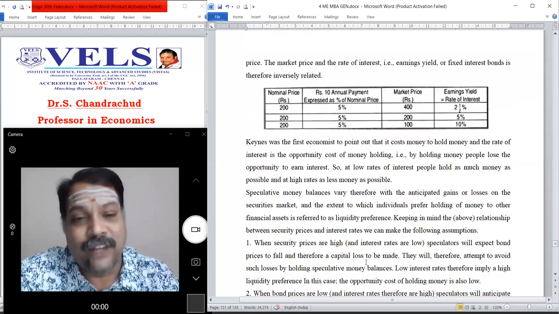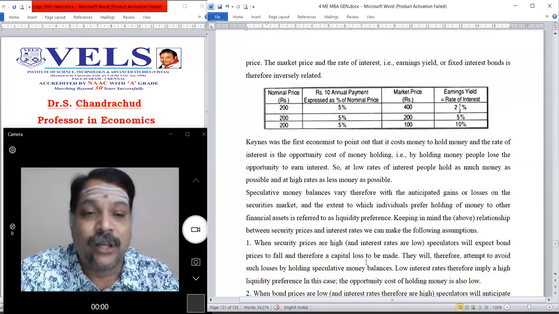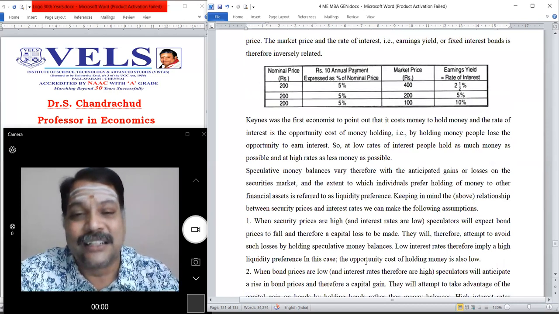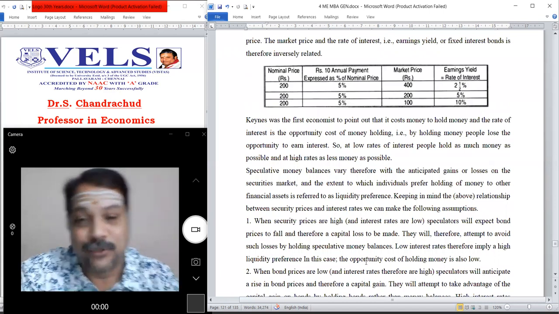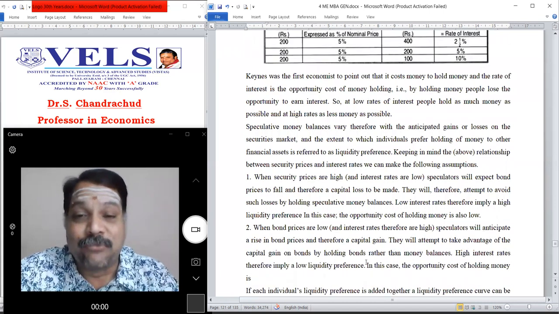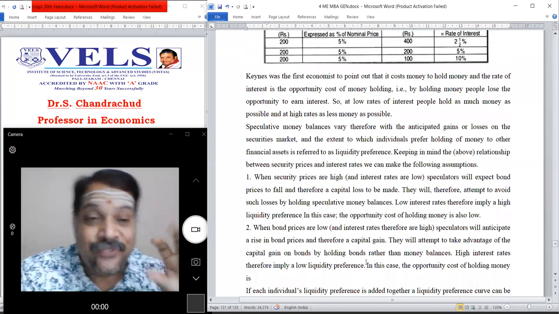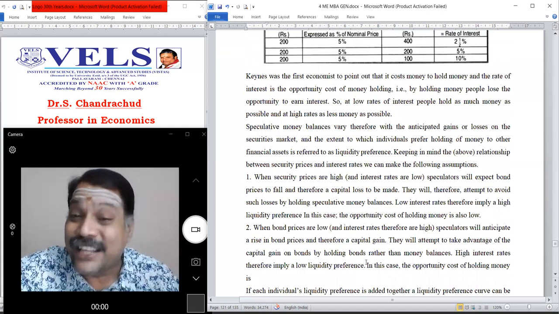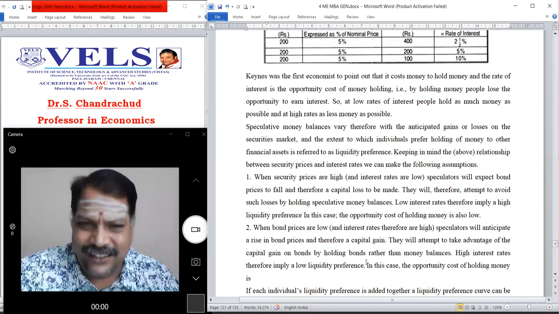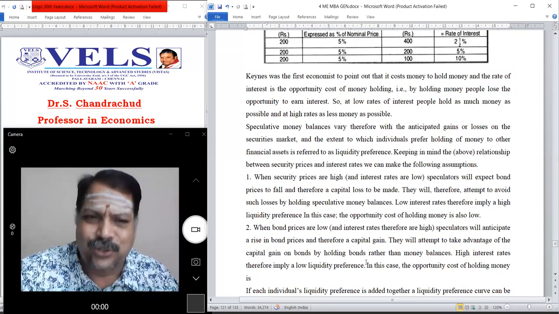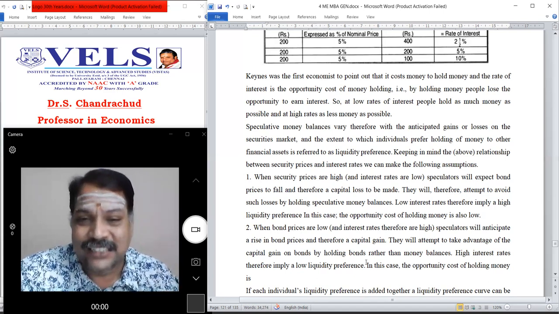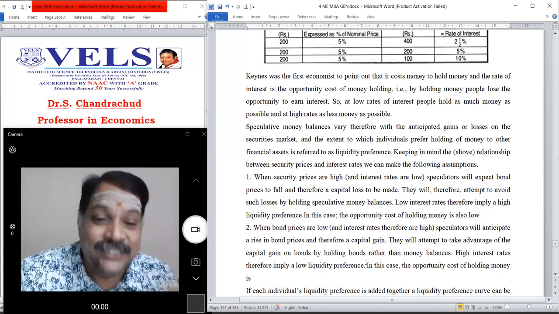So at a low rate of interest, people hold as much money as possible, and at a high interest rate, less money. The speculative money balance varies, therefore, with the anticipated gains or losses on the securities market, and the extent to which the individual prefers to hold money rather than other financial assets is referred to as liquidity preference.